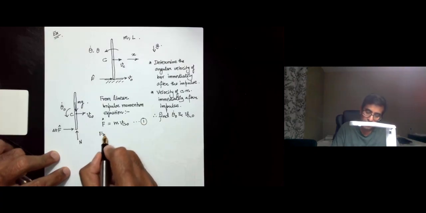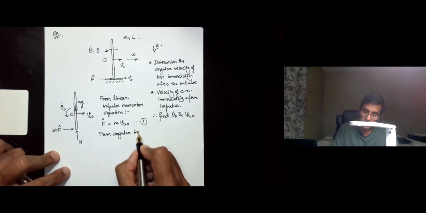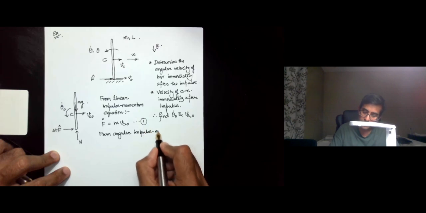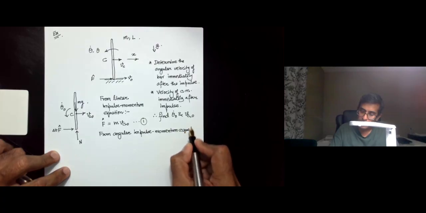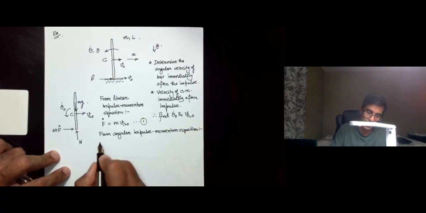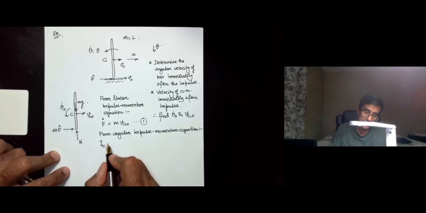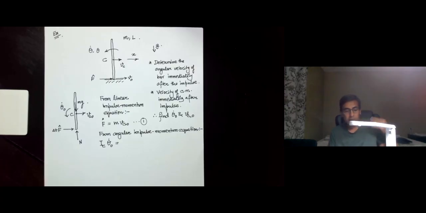Now from the angular impulse momentum equation, we have IC, the moment of inertia of the bar about the center of mass, times theta dot 0, equal to the net angular impulse that is applied.